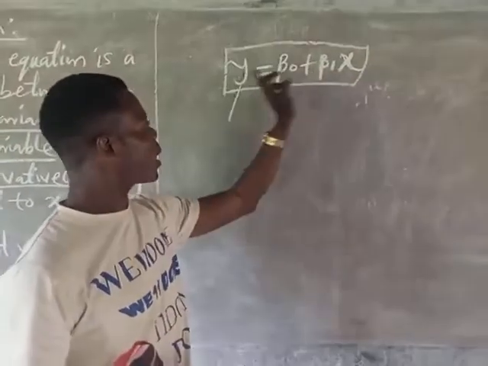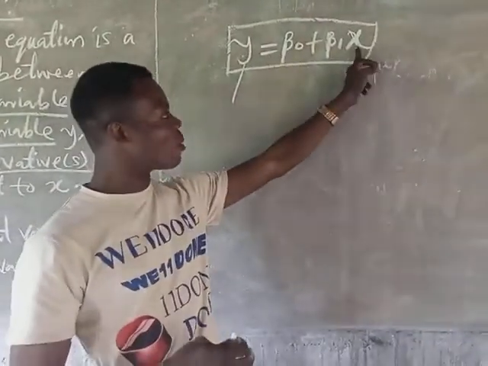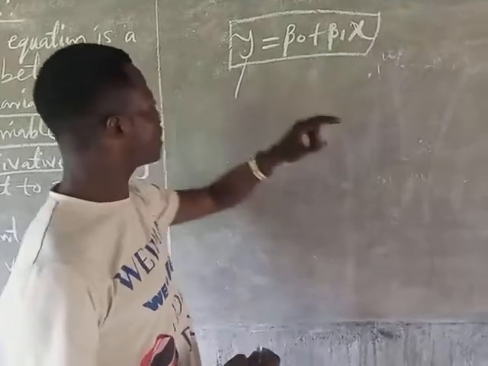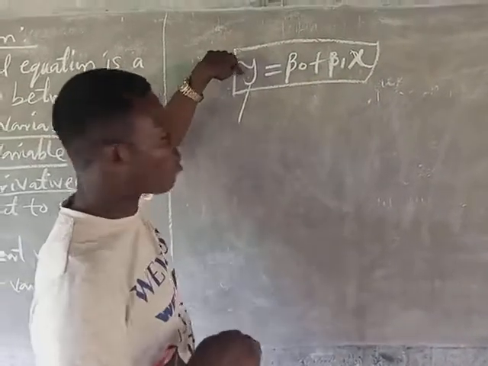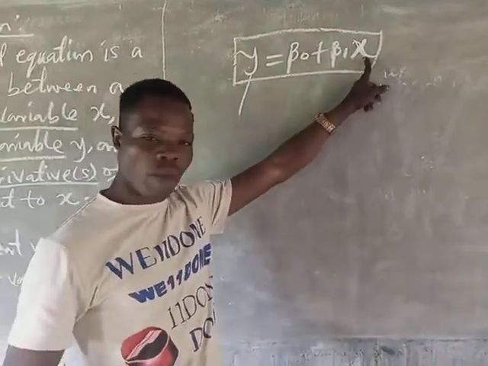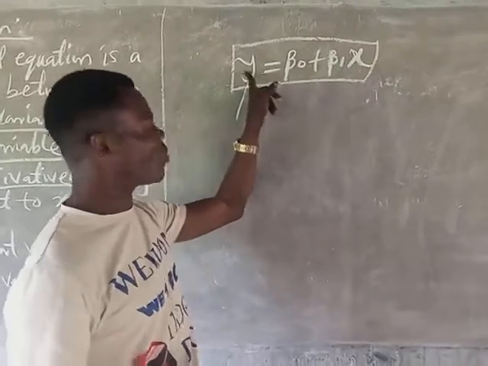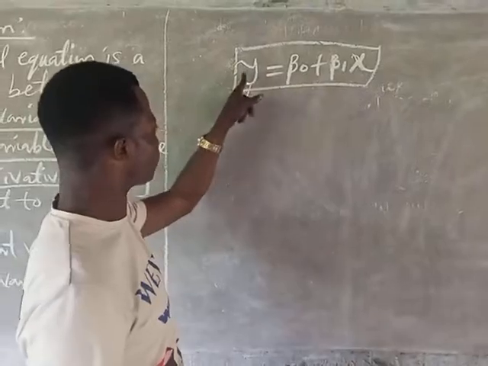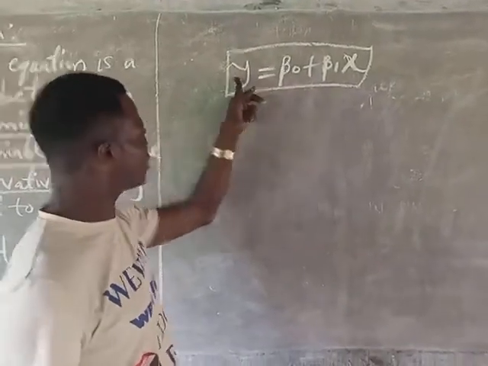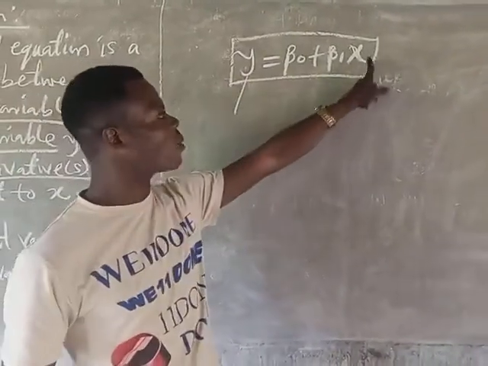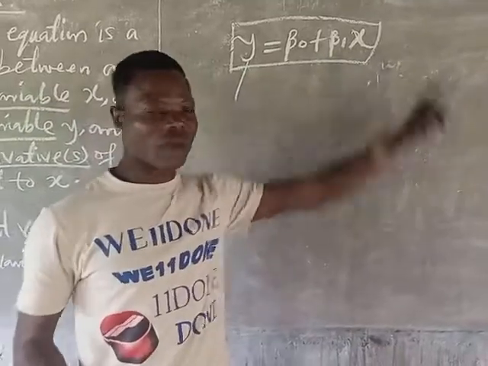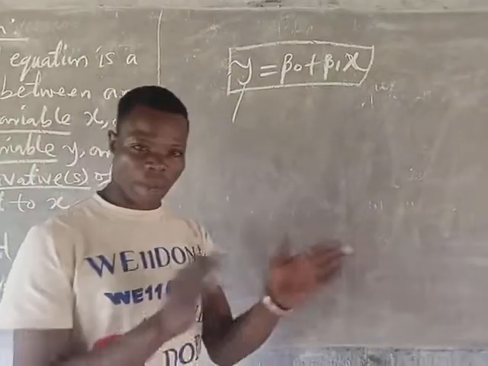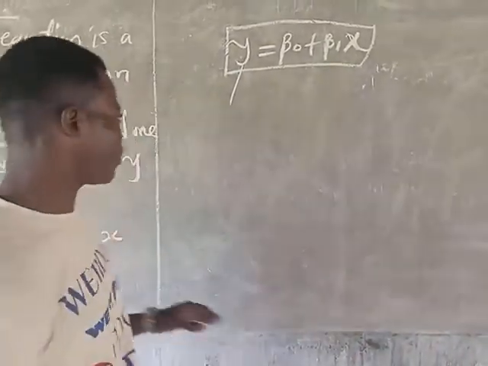If y is our expenditure, then income will be our x, which means that y depends on x. If this variable increases, it will affect the value of y, and if this variable decreases, it will also affect the value of y. It means y depends on x in this relation. That is what we mean by dependent variable and independent variable.